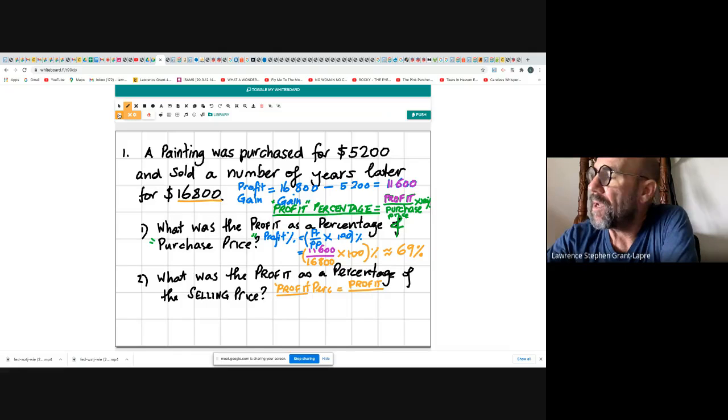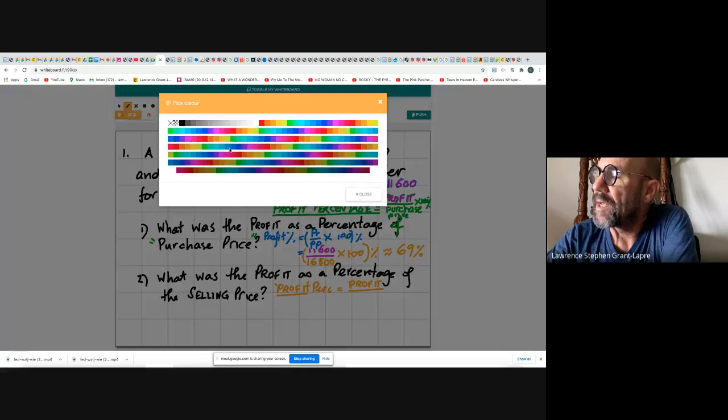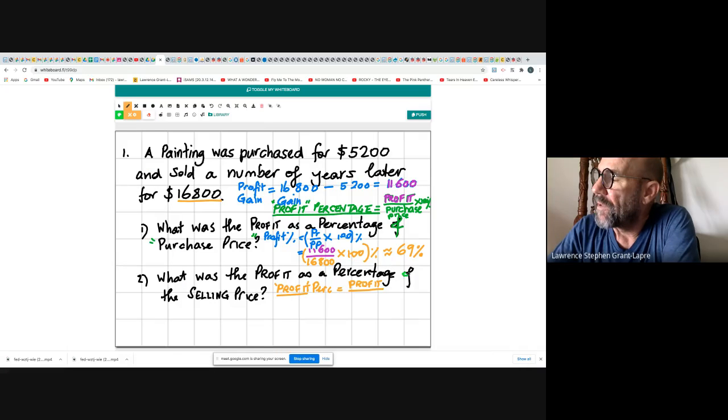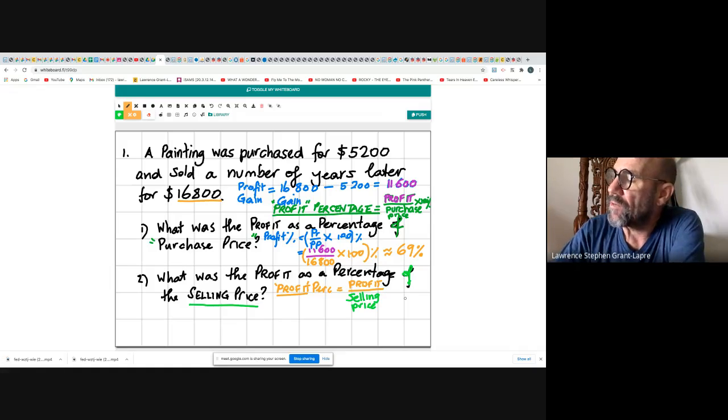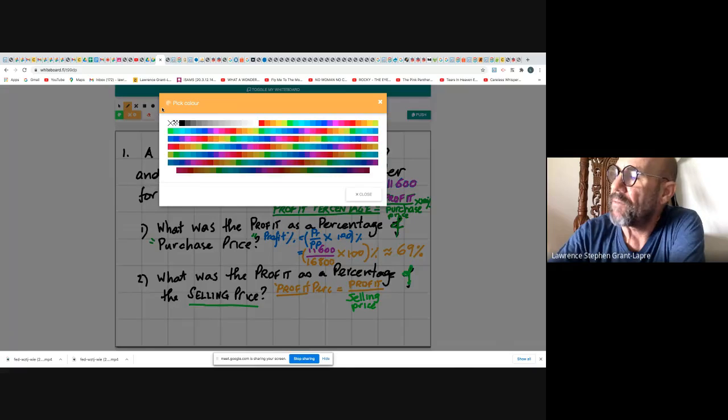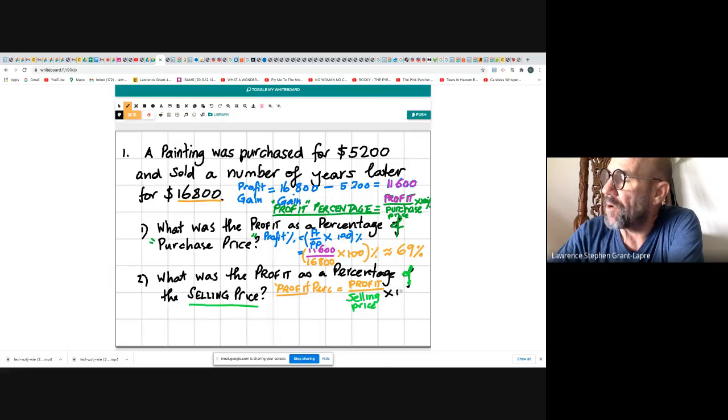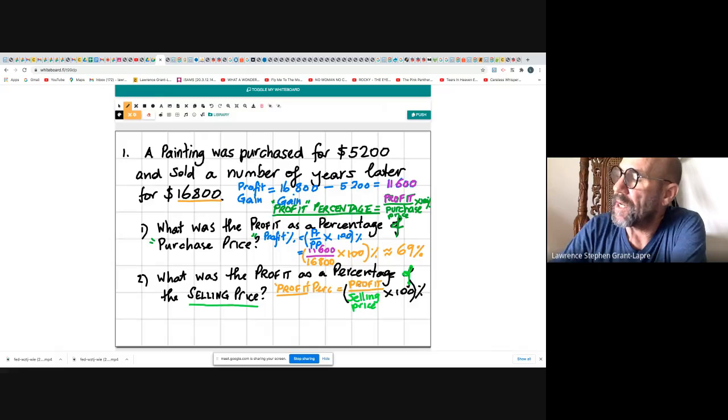Now this time it says to divide by the selling price. So the selling price is what we put underneath. Whatever the percentage is out of, it's out of the selling price. So we will put the selling price underneath, and then we simply times it by 100%, which is 1. We group those three numbers there.